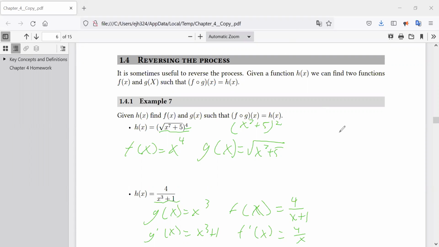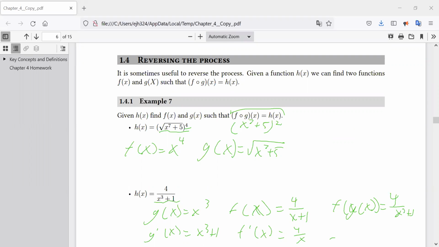Yes, I know they're different, but I don't get how they're the same, if that makes sense. We did it one way and then the other way. Well, they're the same when we get the composition out. If I do f of g of x, I get 4 over x cubed plus 1.